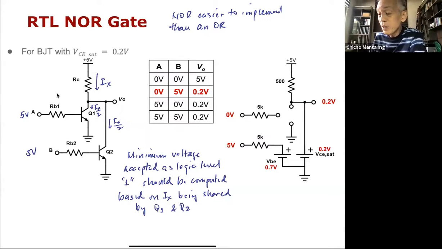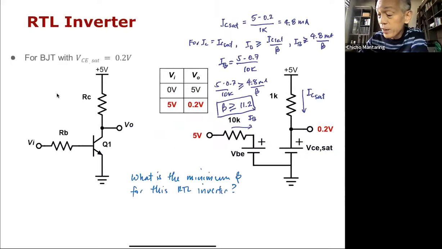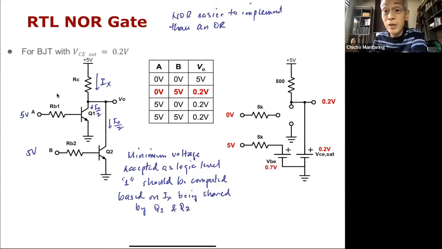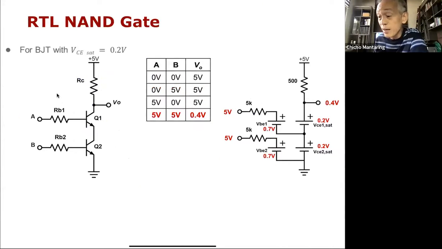So if I connect an inverter at the output, then that's when it becomes an OR. That's why your natural gates in RTL are your NOR and also your NAND. To produce an OR and an AND, you have to put an inverter at the output of your NOR or your NAND.